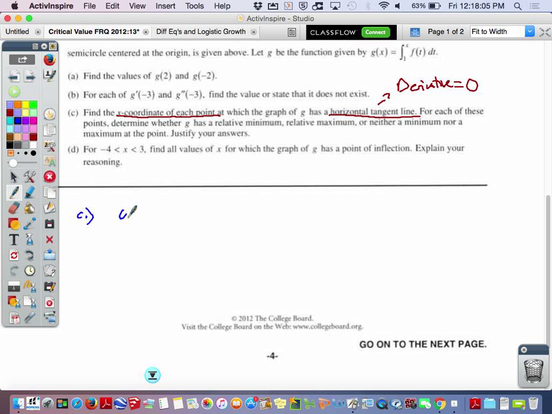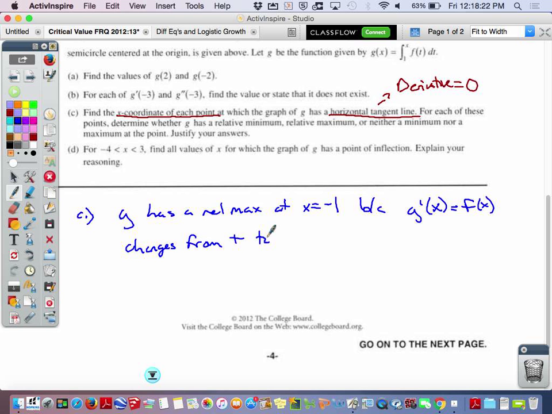We would say G has a relative max at x equals -1 because g prime of x equal to f of x changes from positive to negative.